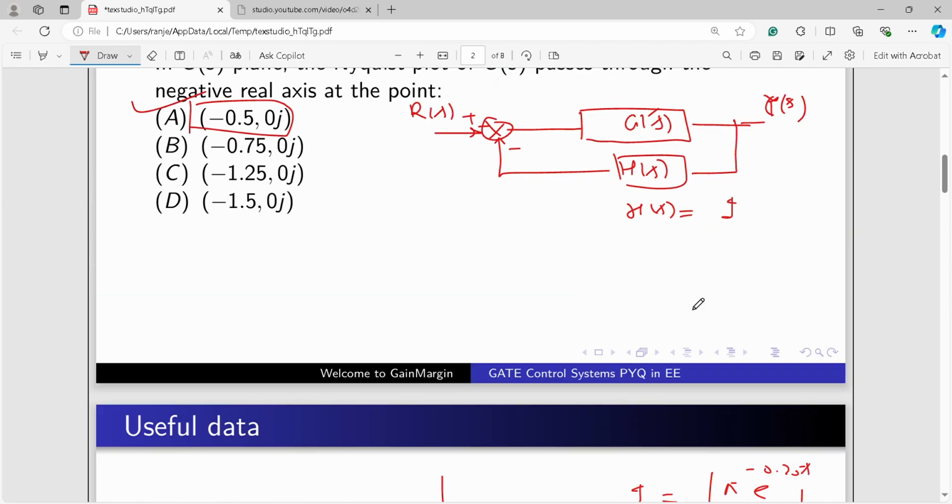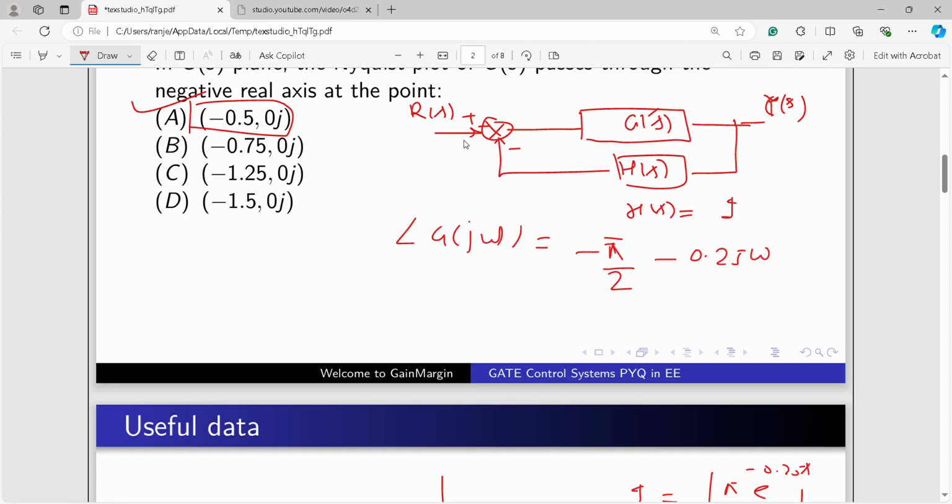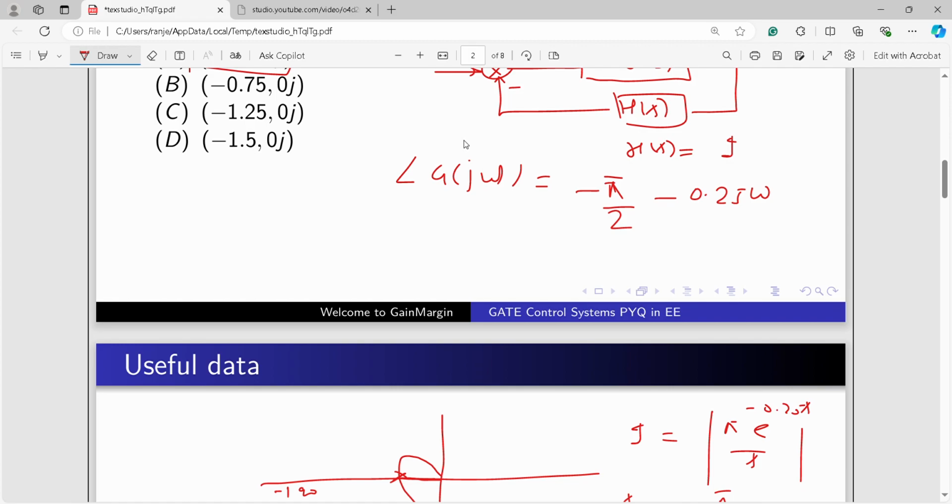Then what is the angle for this contribution? So minus pi by 2 and minus 0.25 omega, and we want it at omega gc.